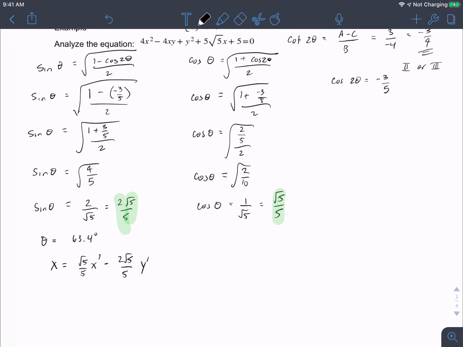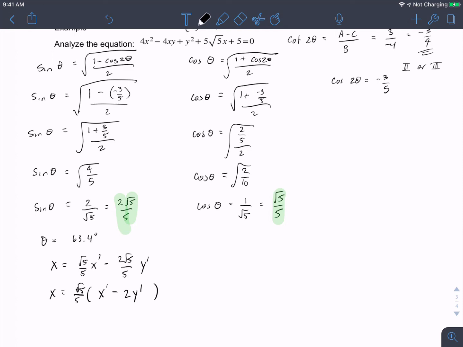That's something that's important. We can clean that up a little bit and pull that out 1/5. So we're going to get radical 5 x prime minus 2 radical 5 y prime. Oh, and I didn't even see it. I can actually pull out the radical 5. So I'm going to get radical 5 out here, and I'll just clean that up so it looks nicer. So I'm going to get x prime minus 2y prime.